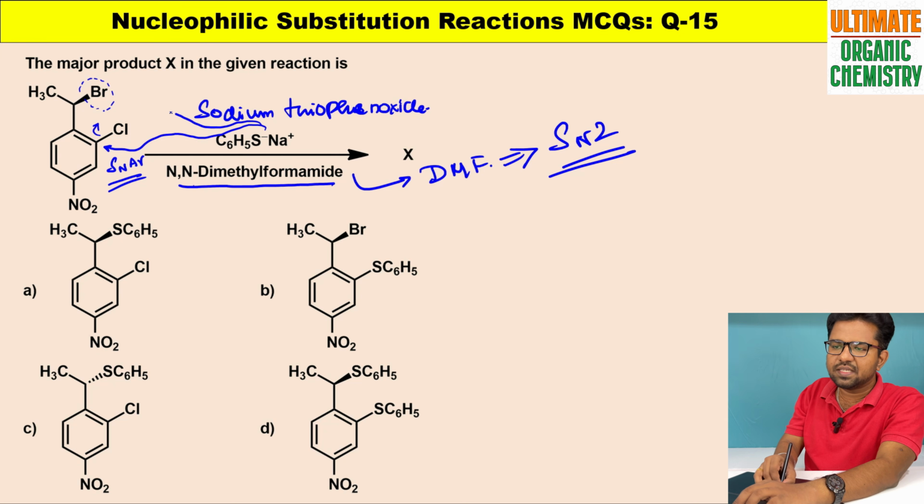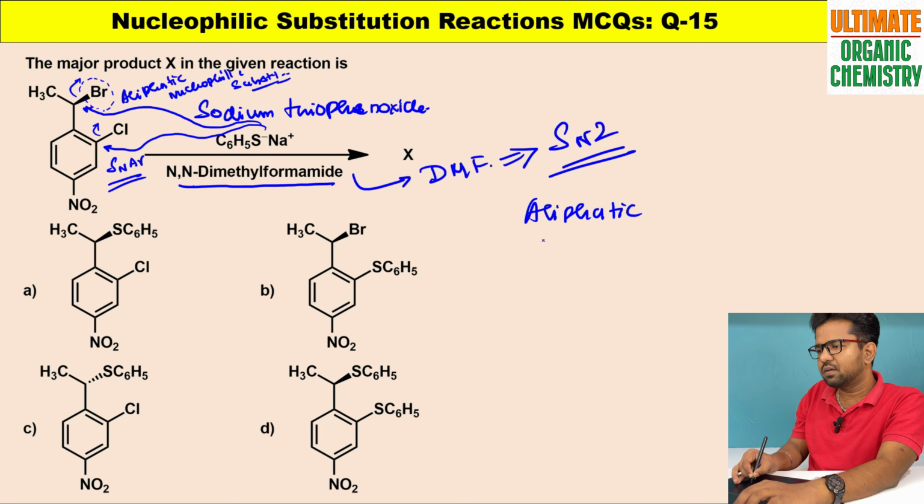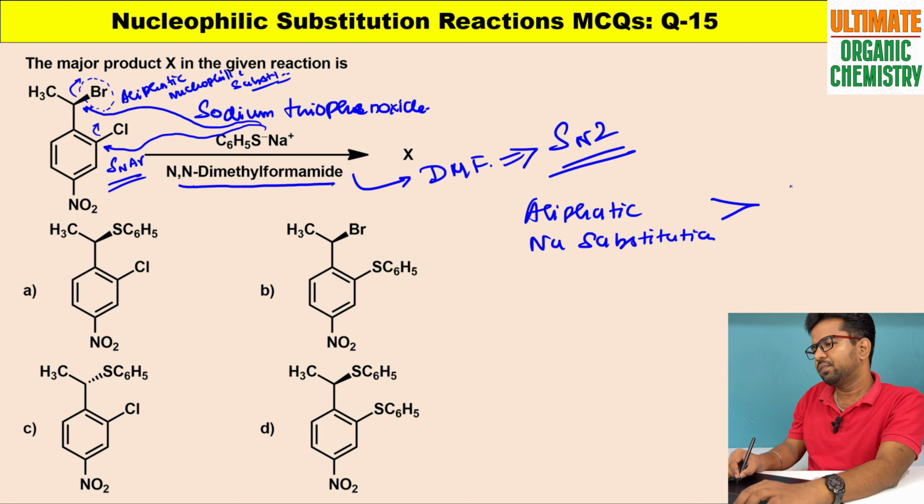Whereas if S minus approaches this carbon chain and thereby Br minus leaves, this is known as aliphatic nucleophilic substitution. Which is faster? Always aliphatic nucleophilic substitution is faster than aromatic nucleophilic substitution, otherwise known as SNAr.